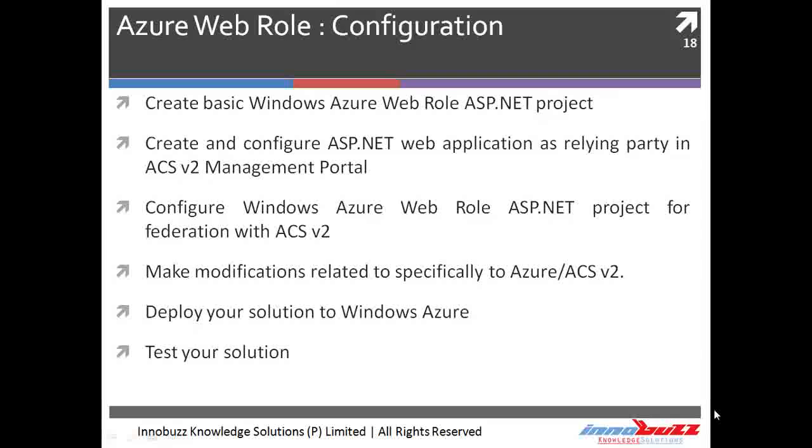That's all. So basically the most important stuff over here is point 2. Create and configure ASP.NET web application as a relying party in ACS version 2 management portal. You know, there is a management portal about which I was talking earlier in the presentation, which can manage all the roles, the worker roles.